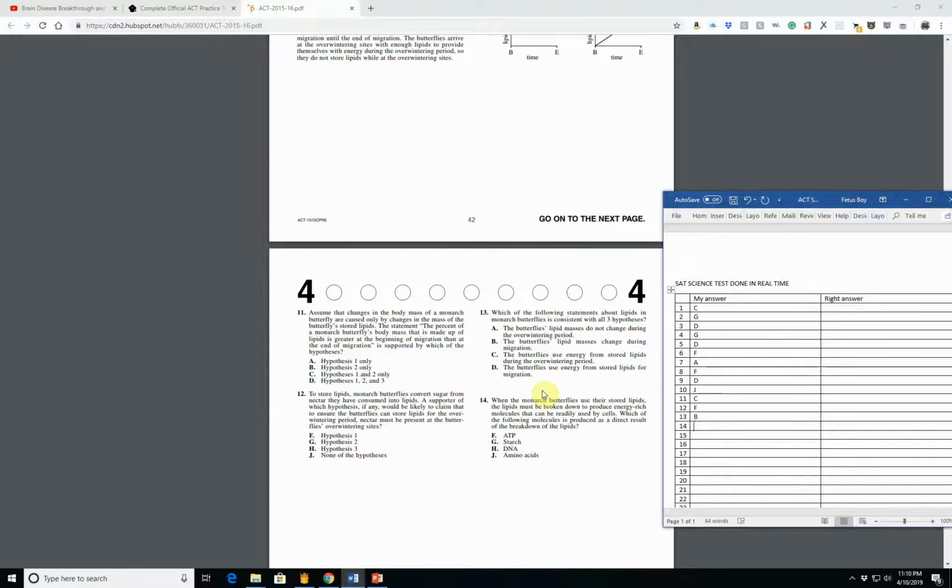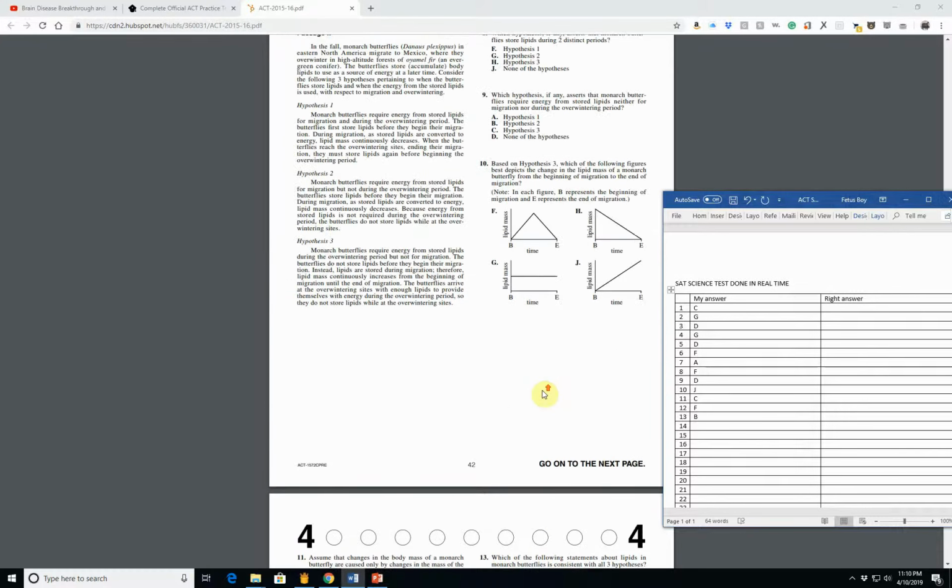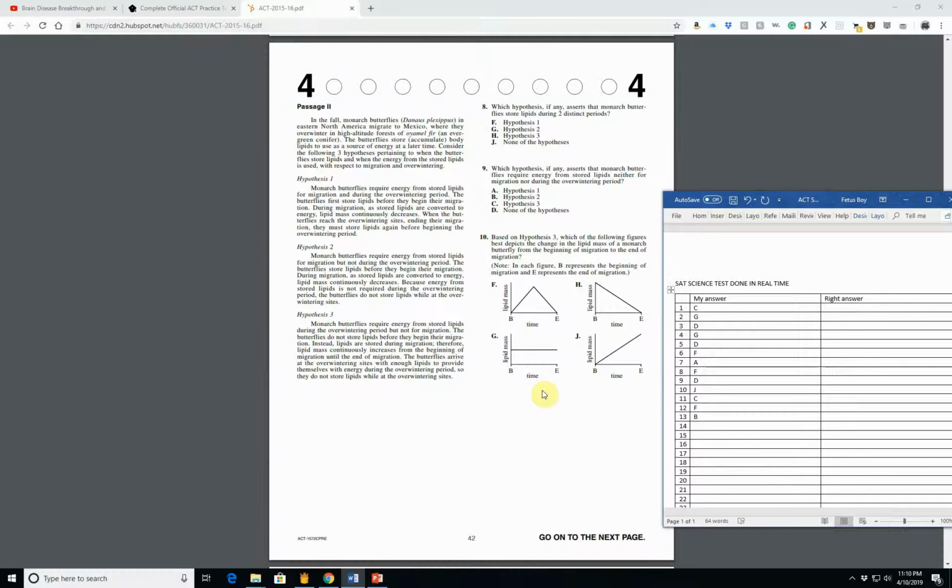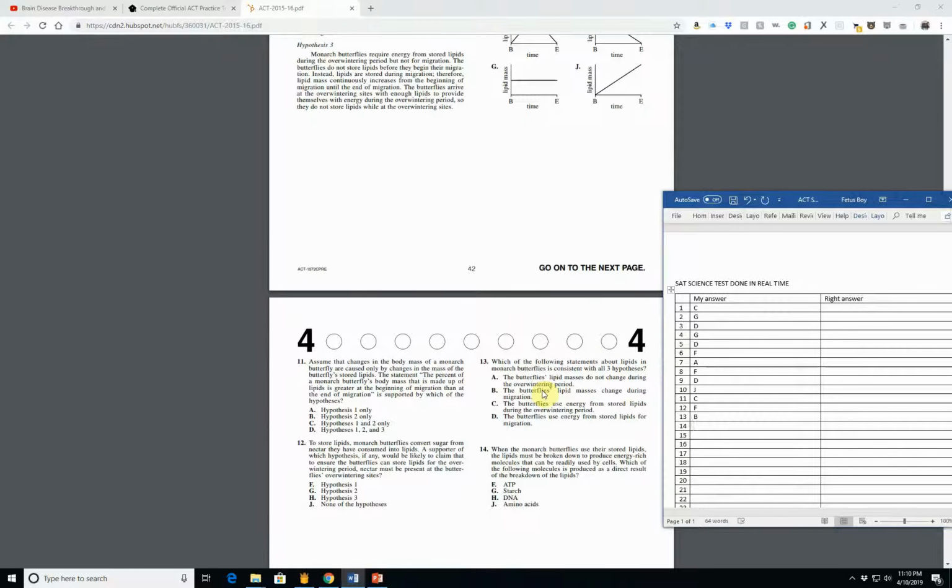When the monarch butterflies use their stored lipids, the lipids must be broken down to produce energy-rich molecules that can be readily used by cells. Which of the following molecules is produced as a direct result of the breakdown of the lipids? Okay, so it would have to be just ATP.